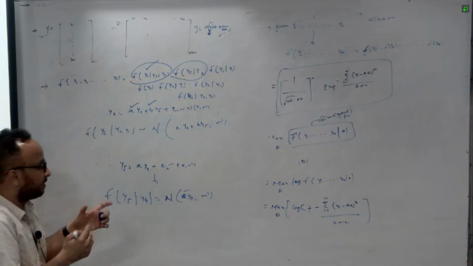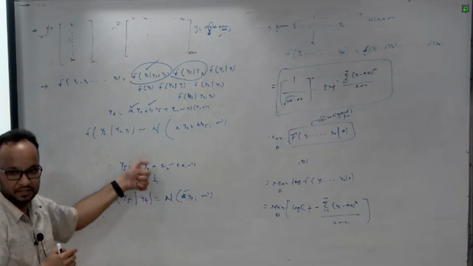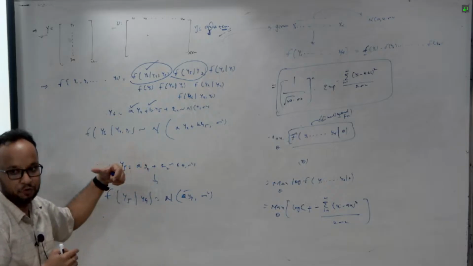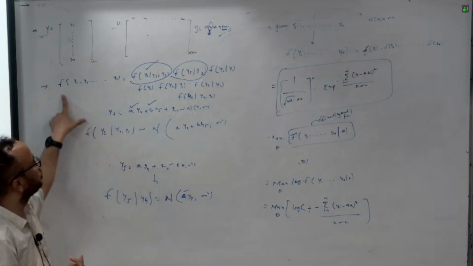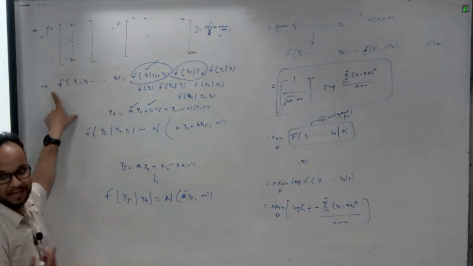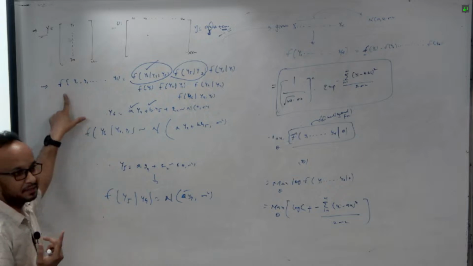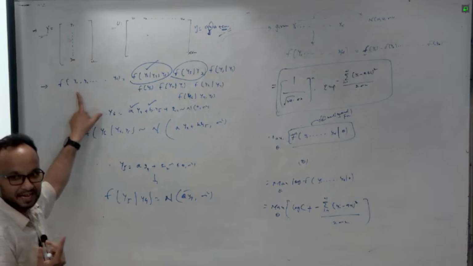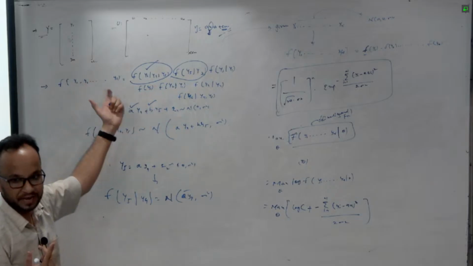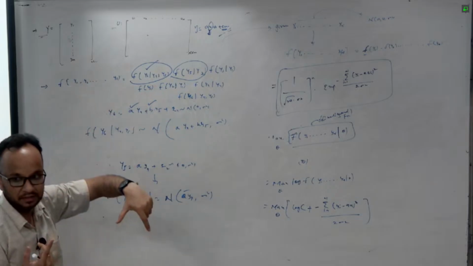Given the data, can I identify the hidden parameters, the theta? Can I choose the best value of theta such that my joint density function is maximized? If the joint density function is maximized, it means this data is exactly fitting the actual model chosen, that this data is coming from that particular model.